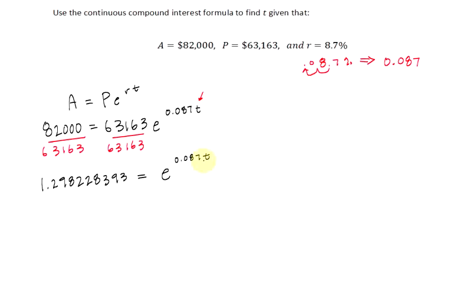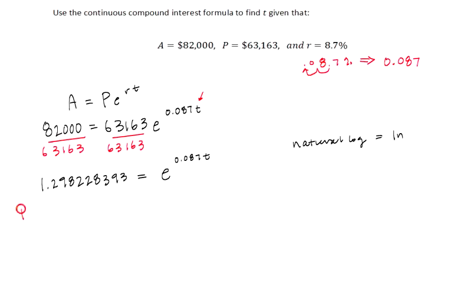Okay, in order to isolate this t, we need to get it out of the exponent. The way that we do that is using what we call the natural log. Instead of writing out the words natural log, we abbreviate this as lowercase l, lowercase n. So when we take the natural log, it looks like this.